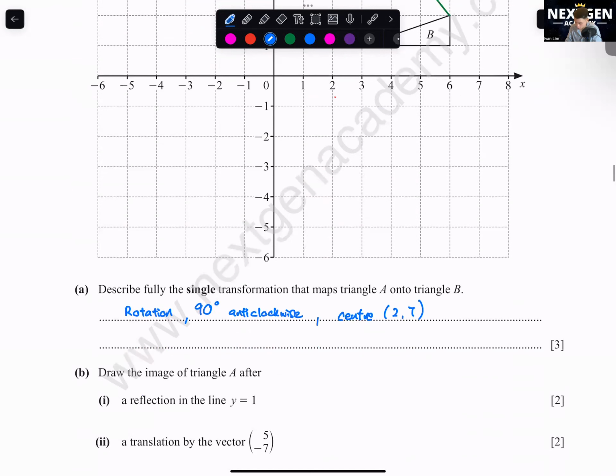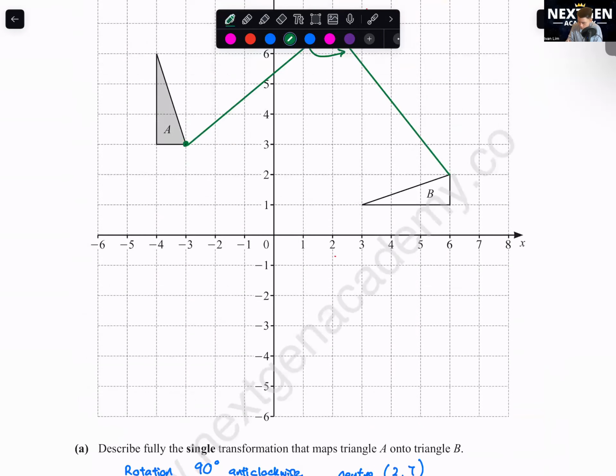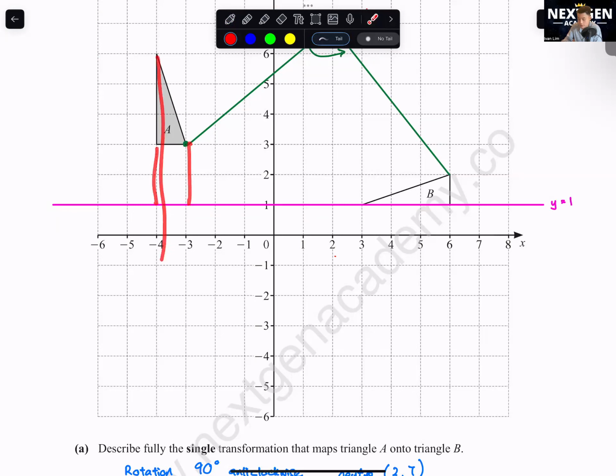Okay, next one. Draw the image of triangle A after a reflection in y equals 1. Let's draw a y equals 1 line first. So let's draw this one here. Okay, this is y equals 1. Reflection means you need to find the perpendicular distance for all the points. So the perpendicular distance is 1, 2, 1, 2.